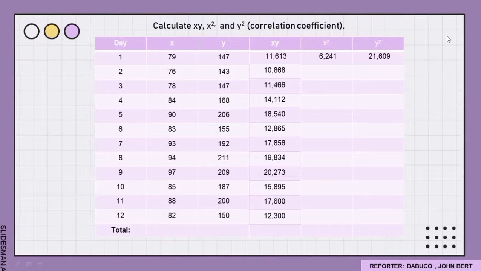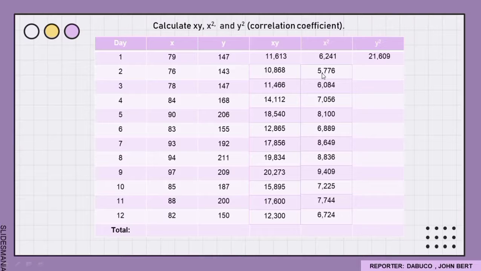To get the X squared from day 1, we have 79 times 79, which is 6,241. And day 2, we have 76, so we have to multiply it by itself to get this data. 76 times 76 is 5,776. Day 3, 78 times 78, we have 6,084.